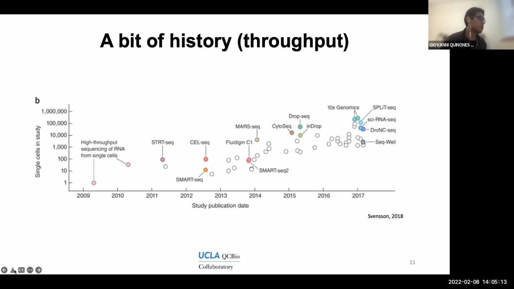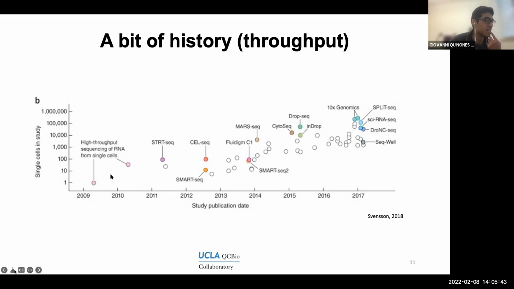Between 1992, where the signal from the first individual cells was obtained, up to 2009, where we get our first experiment that used a sequencing technology by Tang et al., that group was able to obtain signal for, in the very first paper, only one cell.